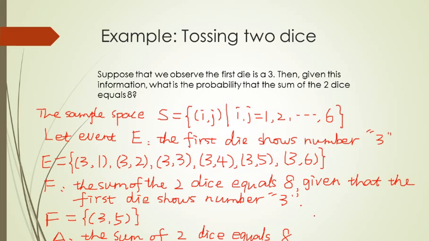So this A will be, you cannot have 1,7. So 2,6, 3,5, 4,4, 5,3, 6,2. Right? So be careful, okay?